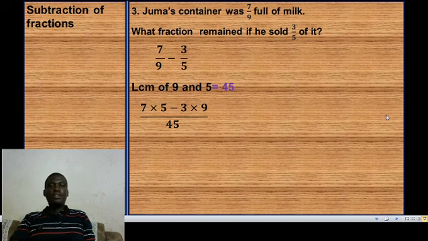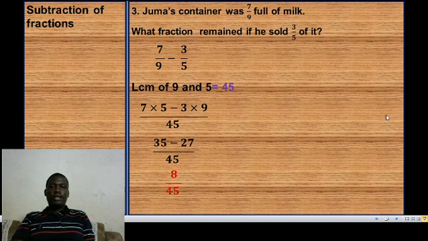So we have 7 times 5 minus 3 times 9. What is 7 times 5? It gives us 35. 3 times 9 gives us 27, out of 45. What will be our final work? Subtract 27 from 35. What do we get?